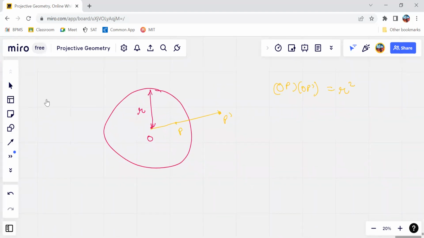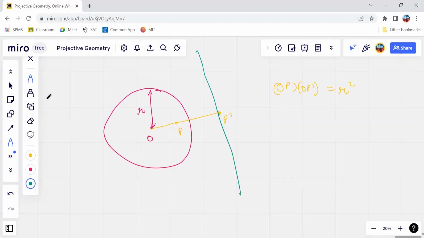So suppose this is the point P. We're going to draw a line that's perpendicular to OP that intersects it at its inverse.